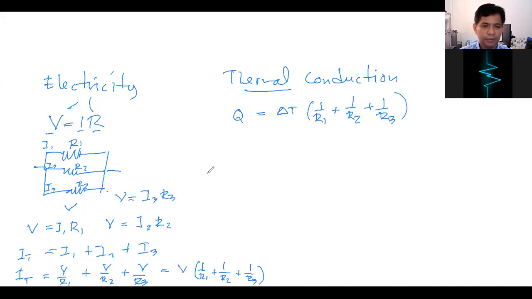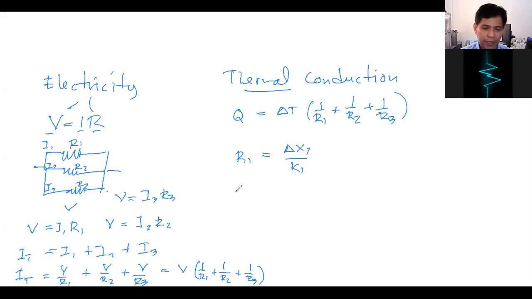Okay? Ganon din kasi yung nangyayari. Remember that R1 sa thermal conduction, this is still delta X1 divided by K1.